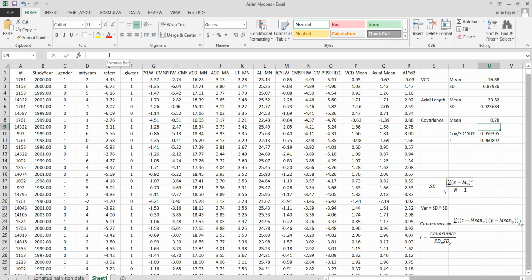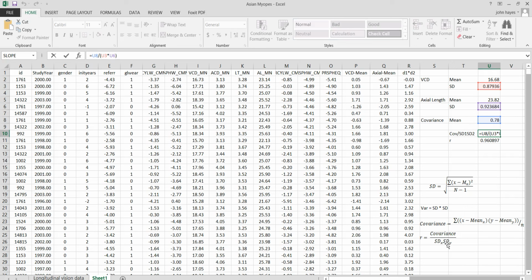Now, an interesting thing about covariance and its relationship with correlation is that the correlation R, the Pearson R, is the covariance divided by the standard deviations multiplied by each other.